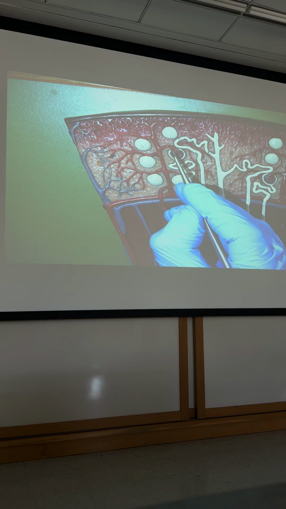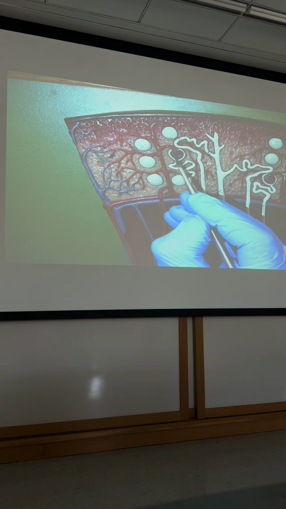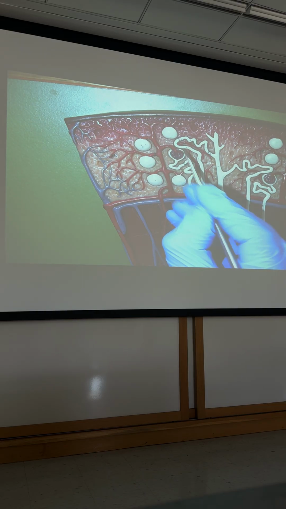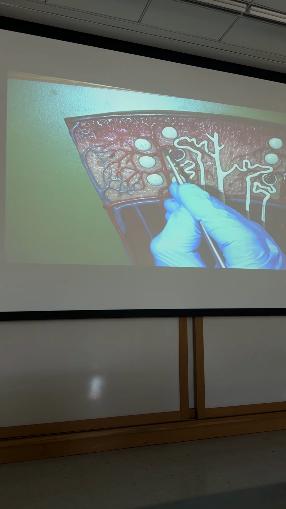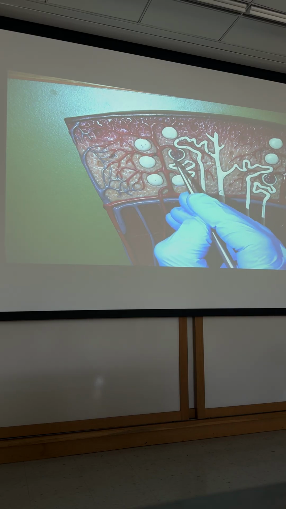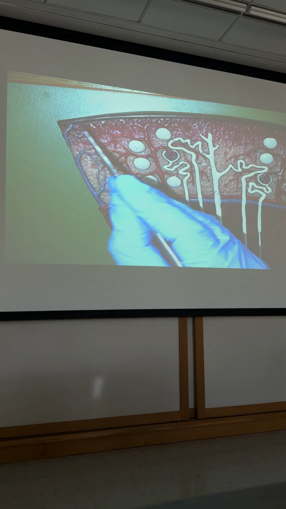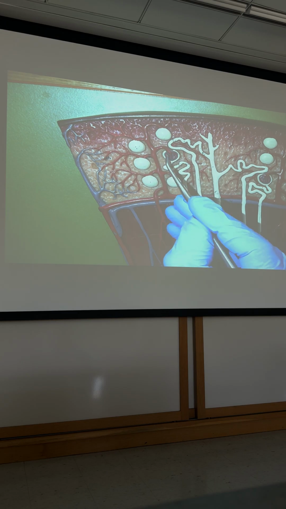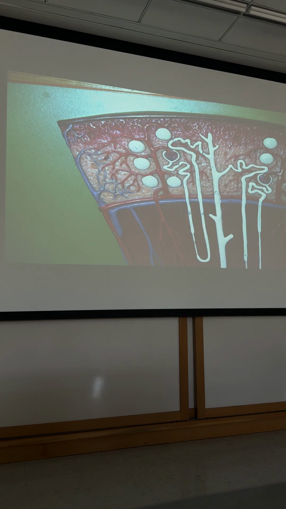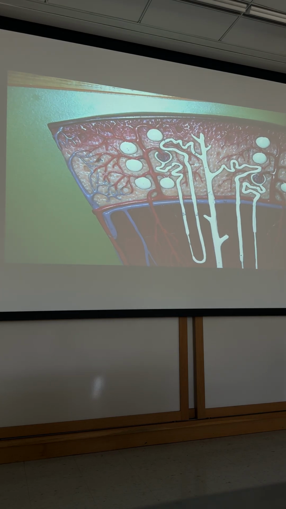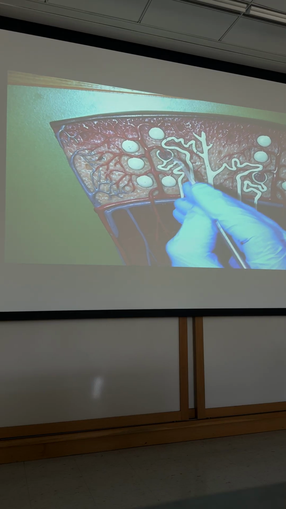And then there's the part that surrounds it in white there, and that's going to be the renal capsule, or you could call it the glomerular capsule, or you could call it Bowman's capsule. Actually, you probably shouldn't call it the renal capsule because that implies that you're referring to the capsule that surrounds the entire kidney. So call it either the glomerular capsule or call it Bowman's capsule. So that's the renal corpuscle.